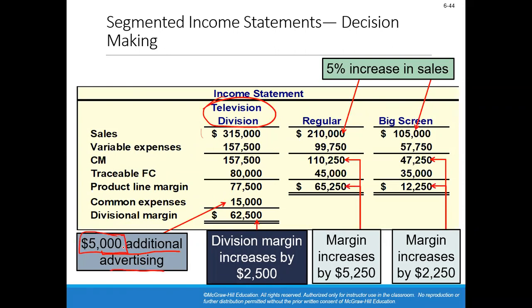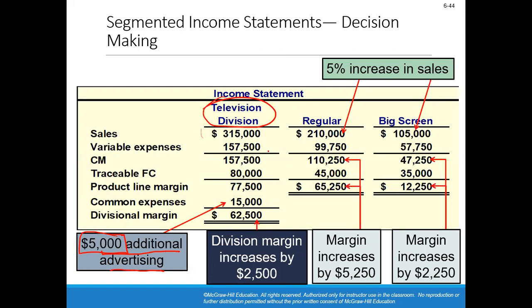So what do you expect when you make additional advertising? What do you expect immediately? For what expectation are you making additional advertisement? High sales. Okay. So the immediate impact you expect is in the sales.